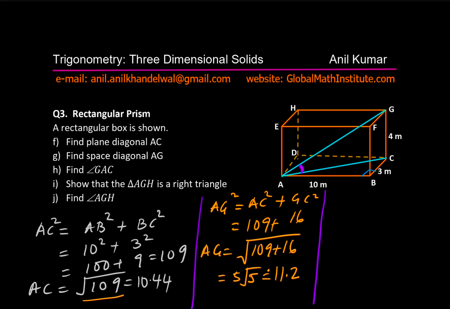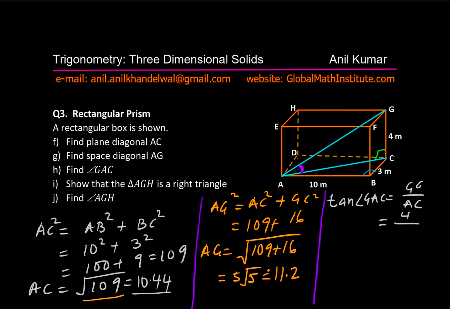So we'll again use tan ratios, correct? We know that this is a right angle, so we can use the tan ratio and find it out. The tan ratio for angle GAC is equal to GC over AC, which is equal to GC is 4 and AC we just found as 10.44.